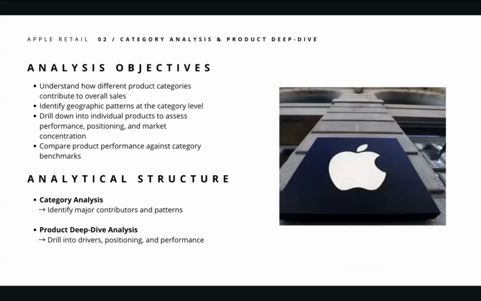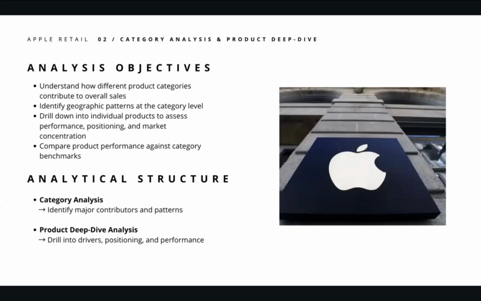First, to understand how different product categories contribute to the overall sales. Second, to identify geographic patterns at the category level. Third, to drill down into individual products to assess performance, positioning, and market concentration. And finally, to compare product level performance against category benchmarks.